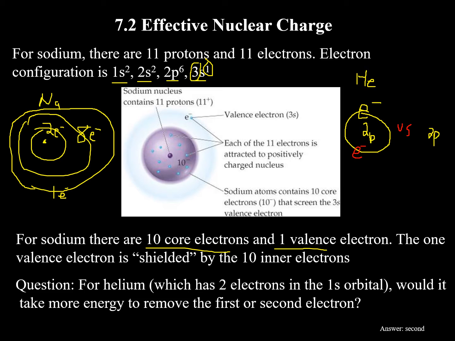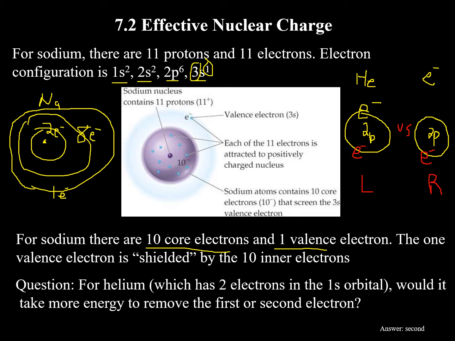If it doesn't have 2 protons, it's not helium. So let's say we remove one of the electrons, and now we only have 1 electron. So the question is, is it easier to remove the one on the left or the one on the right?